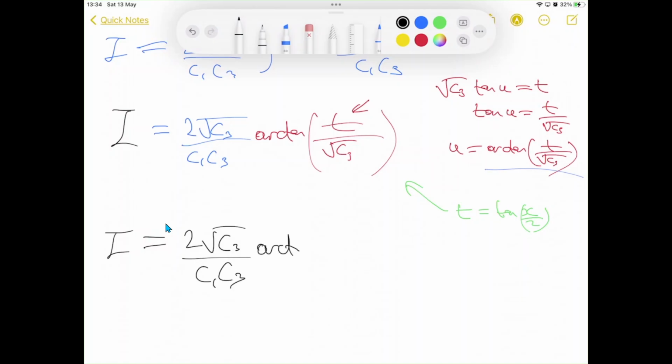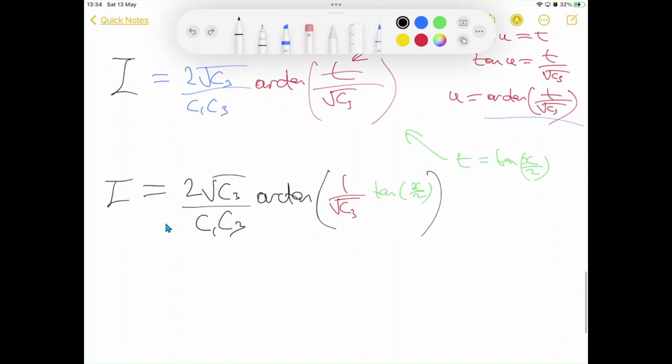So we have arctan of t, which is tangent of x over 2, and we have all over root c3, which I can write as 1 over root c3 multiplied by tangent of x over 2 in the bracket. I know we have a tangent within an arctangent, and I don't think we can really simplify that unless you use the log form, but then that just gets confusing. This is confusing on its own.